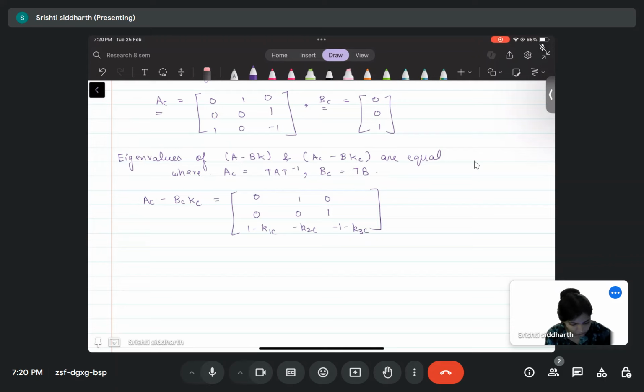Just take this row and take the difference with the gain matrix KC. So note that K and KC are not equal and they are related by the transformation.